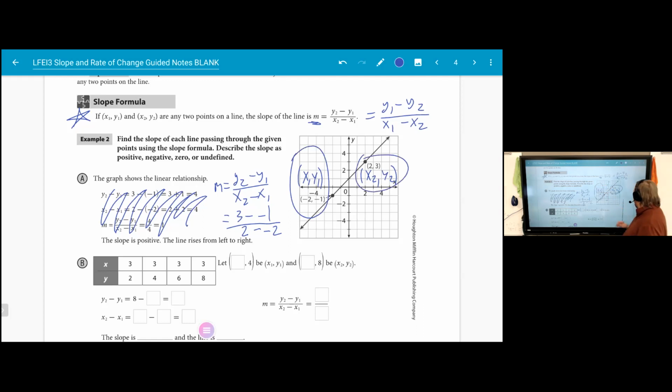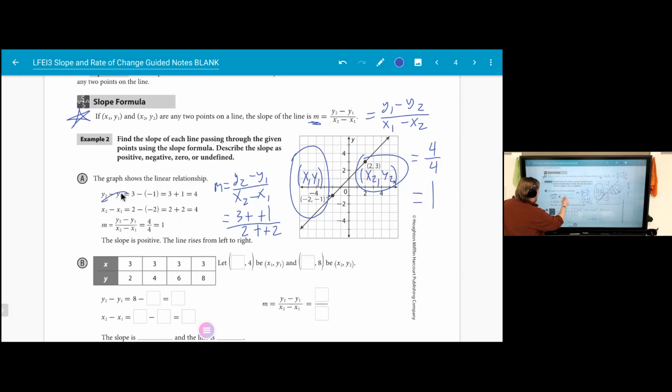And if we simplify that, 3 minus a negative is plus a positive. 3 plus a +1 is 4, divided by 2 minus a negative is plus a positive. Great job. 2 plus a +2 is also 4. That simplifies to 1. Our slope is a +1.